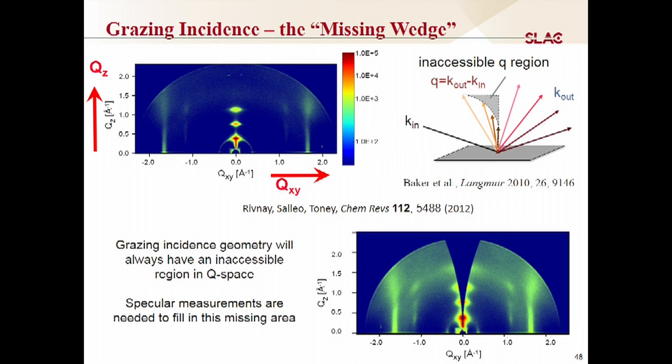So I cannot measure the purely out-of-plane scattering at a Q of, say, 1.5 without going to a very high incidence angle. And so if you're interested in this, you may have to go back and do specular measurements on a different instrument, perhaps, to really fill in that missing wedge to get a full picture of your scattering space. So again, something that you need to consider carefully when designing your experiment, especially if you have films that are highly textured.